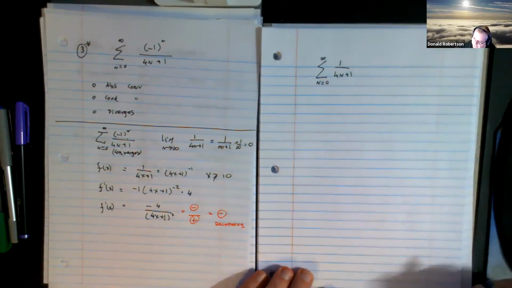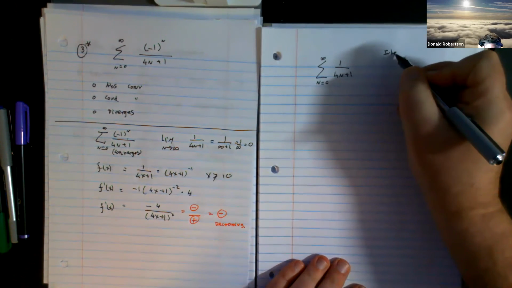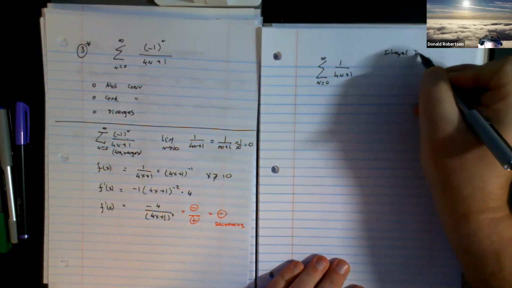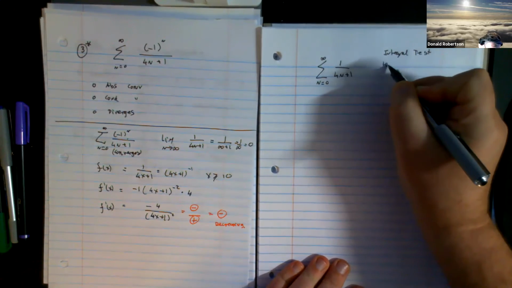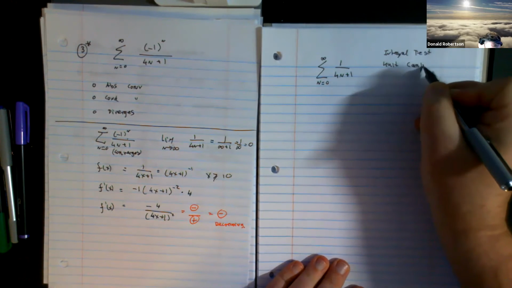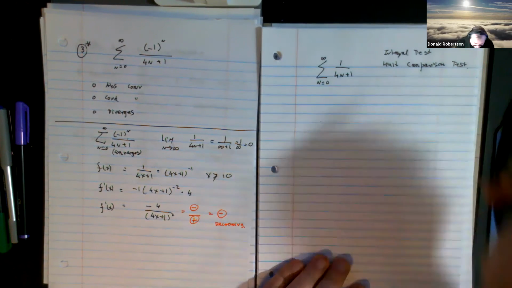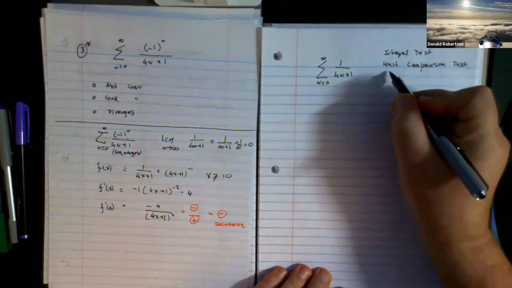Yeah, it should be a comparison to a P series. Do you know I could also do it with an integral test if you wanted to? I'm going to do a limit comparison test, and I'm going to do it to a P series.